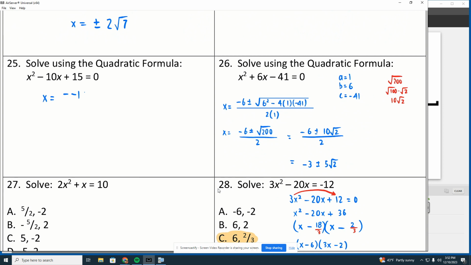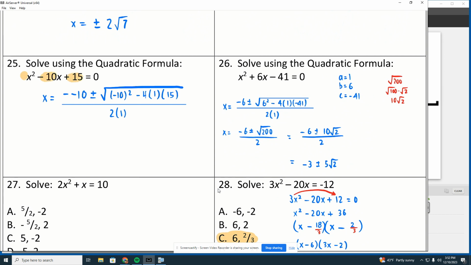Well, b is negative 10, plus or minus the square root of b squared, that's negative 10 squared, minus 4 times a, 1, times c, 15, and all of this is divided by 2 times a, 1. Again, remember, I got those values from right here. A is 1, b is negative 10, c is 15.